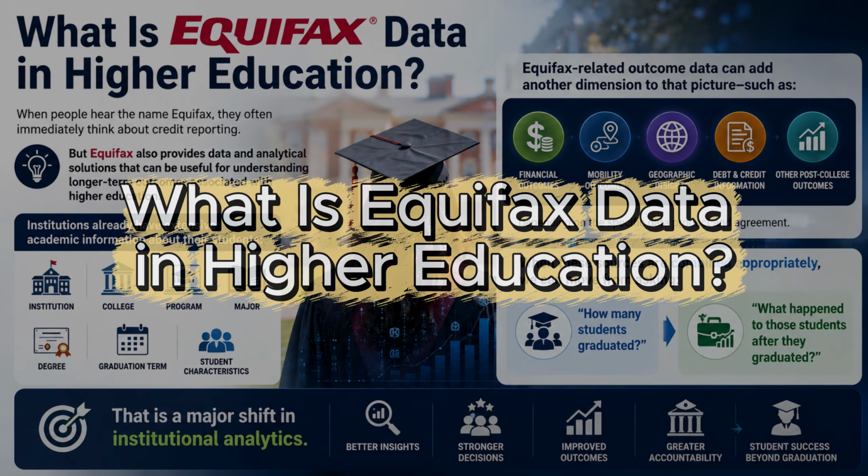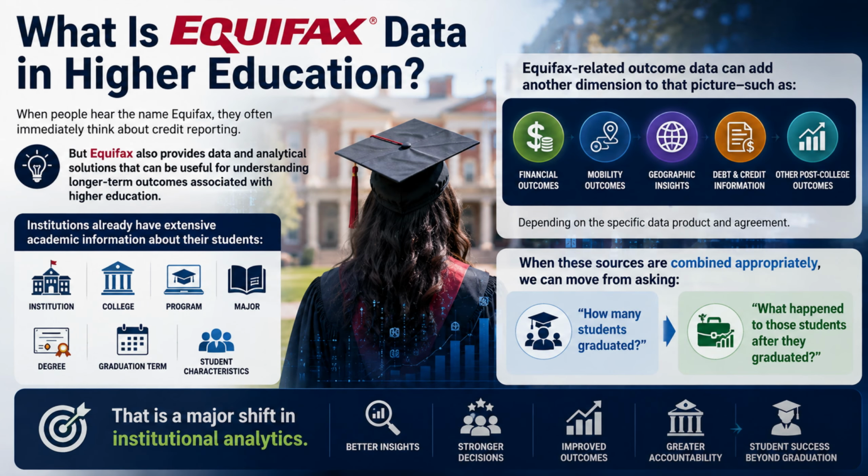What is Equifax data in higher education? When people hear the name Equifax, they often immediately think about credit reporting. But Equifax also provides data and analytical solutions that can be useful for understanding longer-term outcomes associated with higher education. The key idea is simple.